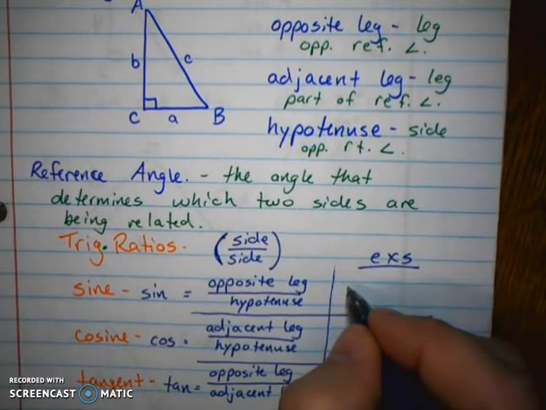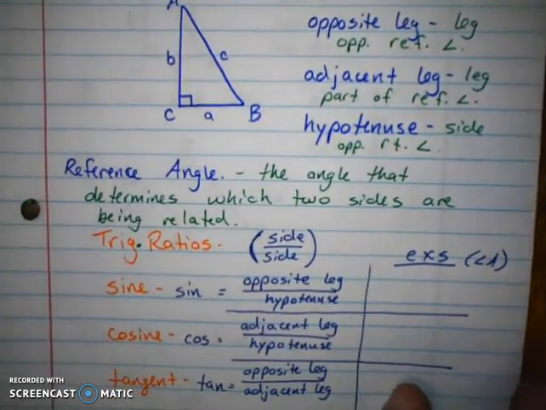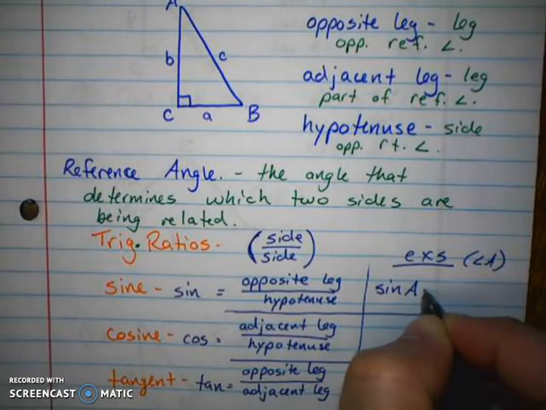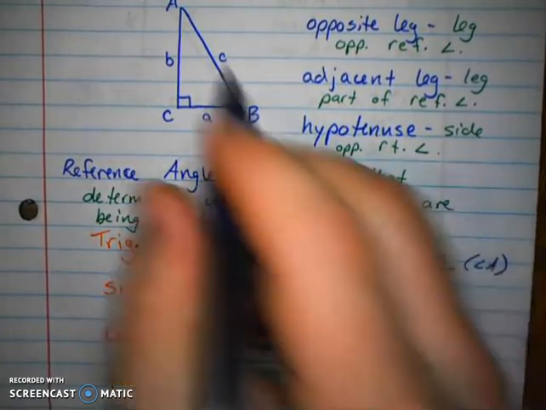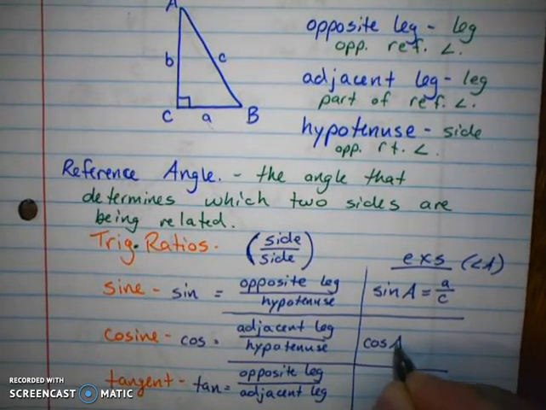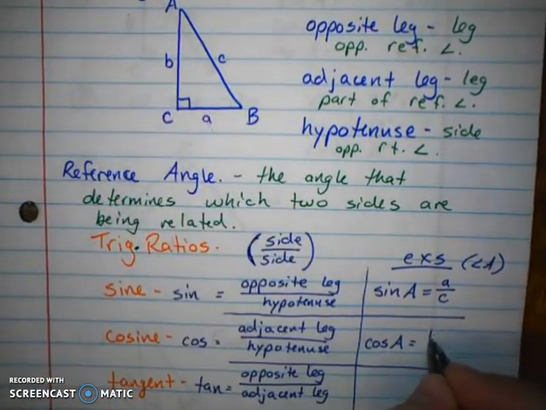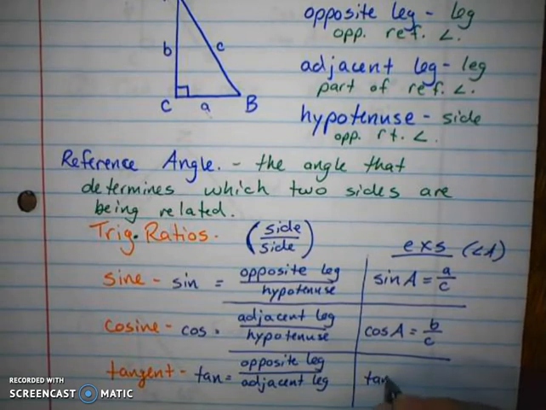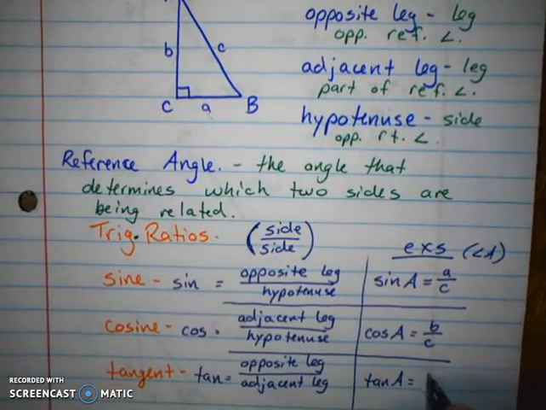Okay, if I wanted to use A as my reference angle, all right, the sine ratio of angle A, we write it sine A, or S-I-N-A, is equal to the opposite leg, which would be lowercase a this time, over the hypotenuse C. The cosine ratio of angle A is the adjacent leg to angle A, right here, side B, over the hypotenuse C. And the tangent ratio of angle A would be the opposite leg over the adjacent leg, A over B.